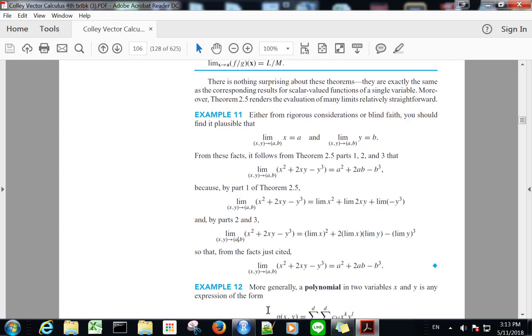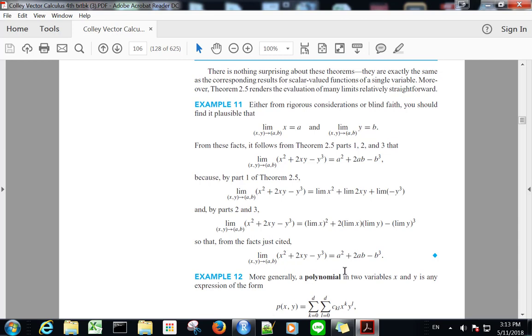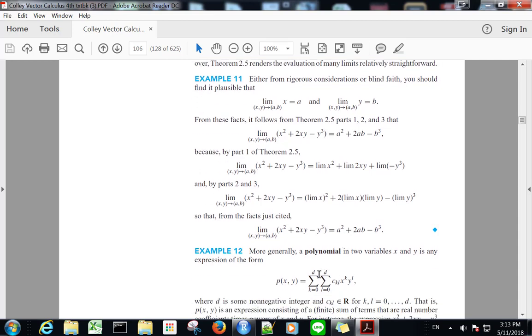In fact, more generally, a polynomial in two variables is defined like this. So basically, you get terms like this from this. So this is a double summation. I don't know if we've talked about double summation. The way double summation works is, you look at the outside one, the first one.